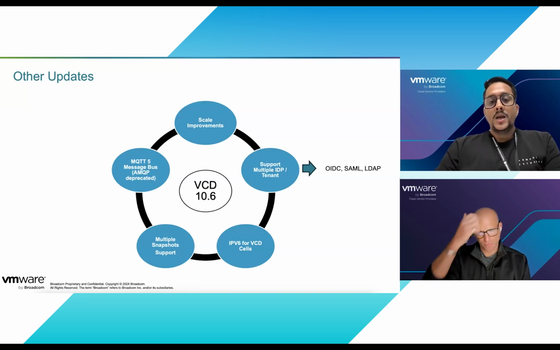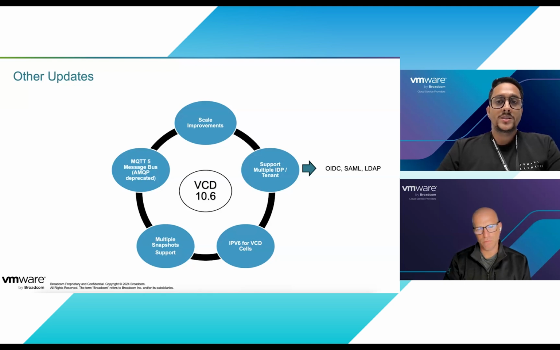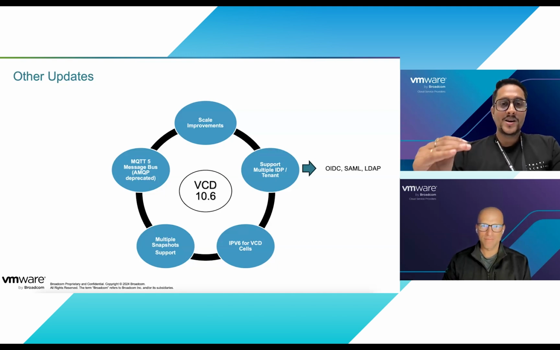Right. The other enhancement we have made is that the VCD cells will now support IP version 6. It was not the case before, so you can now deploy a VCD cell using IP version 6. And one very good feature which I like personally, which they have finally gotten approved in this version, is multiple snapshots in VCD.